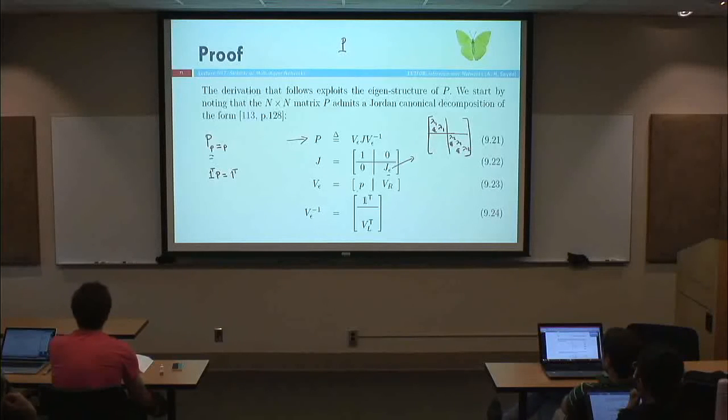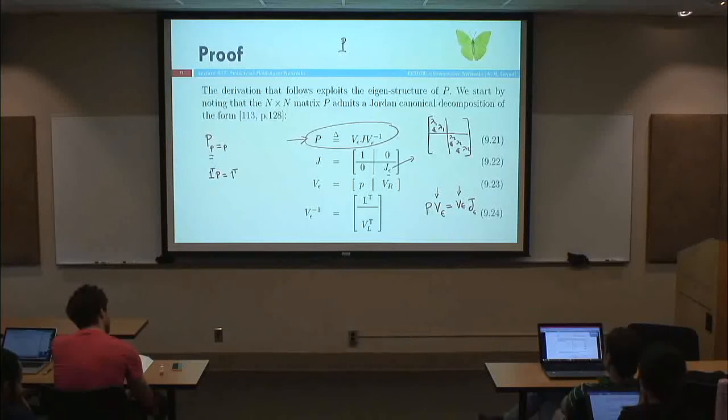That's why it appears, because you can write it as P V epsilon equals V epsilon J. So you can see the first column of V epsilon has to be an eigenvector corresponding to the eigenvalue at 1, correct? Are you following?